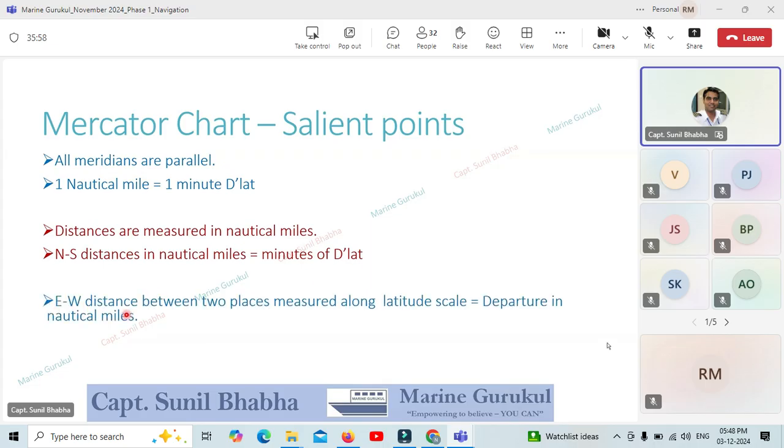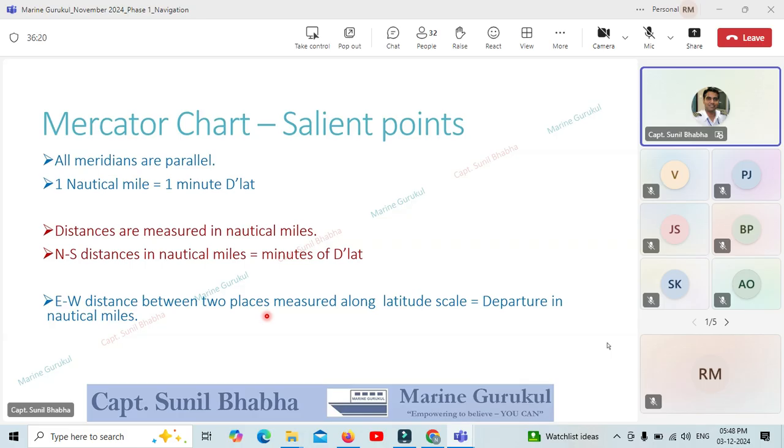The north-south distance measured on a Mercator chart in nautical miles is equal to the minutes of DLAT between the two places. If you measure the east-west distance between two places along the longitude scale, it will give you the D-long.